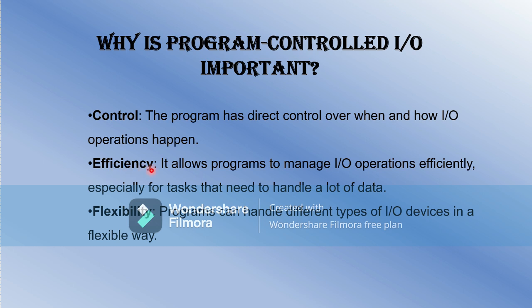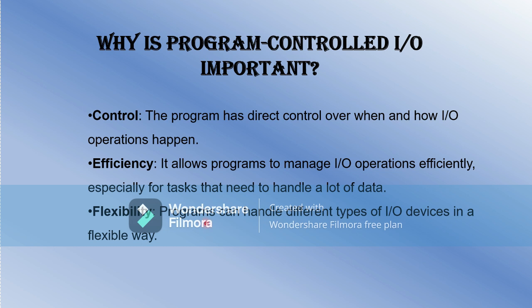And the next one is efficiency. It allows the program to manage input and output operations efficiently, especially for tasks that need to handle a lot of data. For instance, when a program is saving a large file, it can control the process to make sure it's done as quickly and smoothly as possible. So it decides its efficiency.